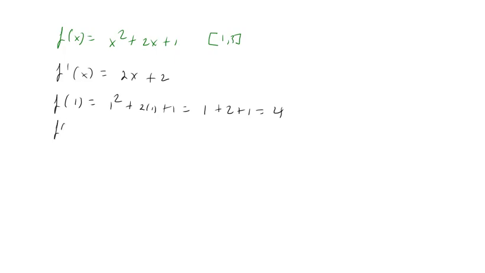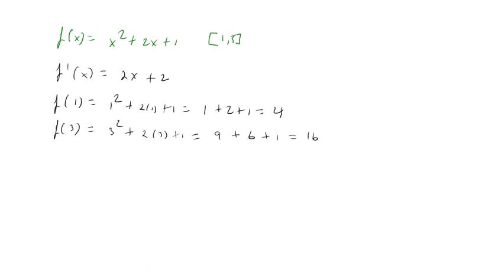And then f of 3 is equal to 3 squared plus 2 times 3 plus 1, which is 9 plus 6 plus 1, which is equal to 16.